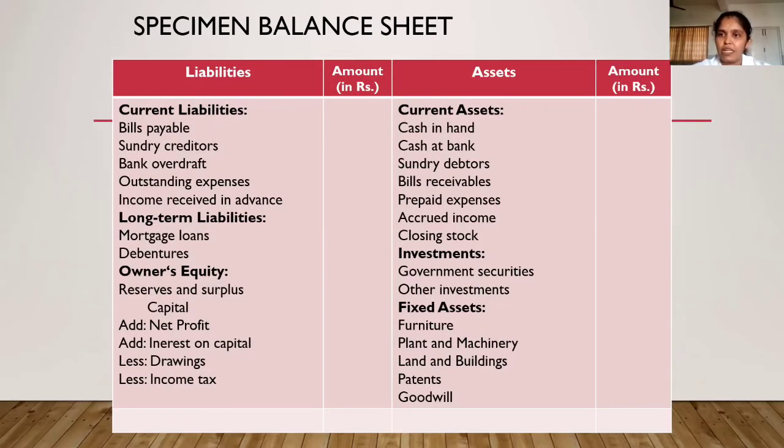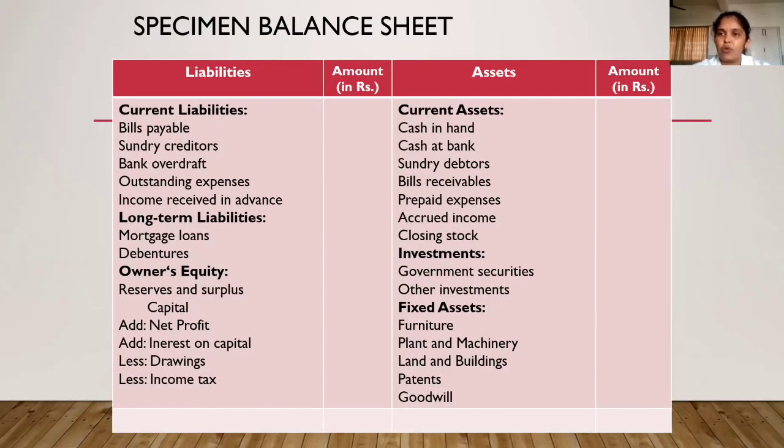And owner's capital is the amount that has been invested by the owners. Reserves and surplus will also be added in the liabilities as the owner's equity. Interest on capital will be added, and net profit also will be added along with the capital, and the drawings, if there are any, will be deducted, and income tax will also be deducted from the owner's capital.